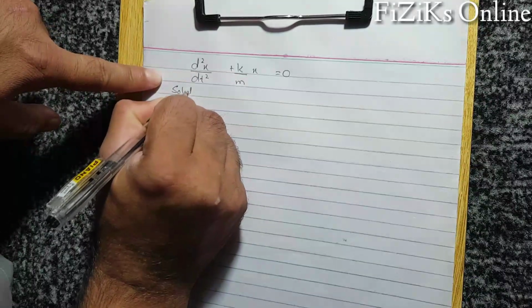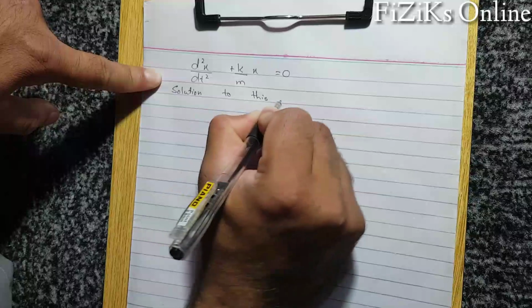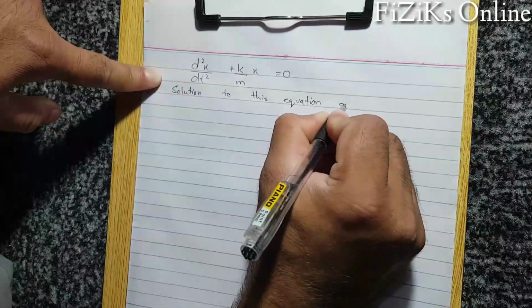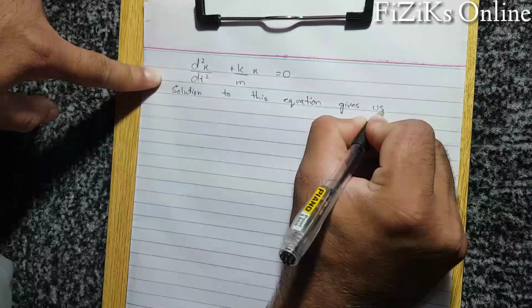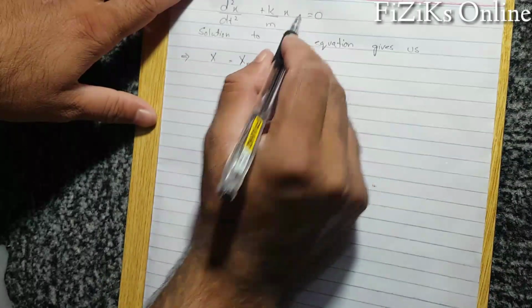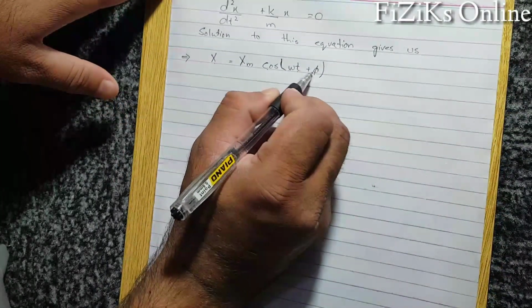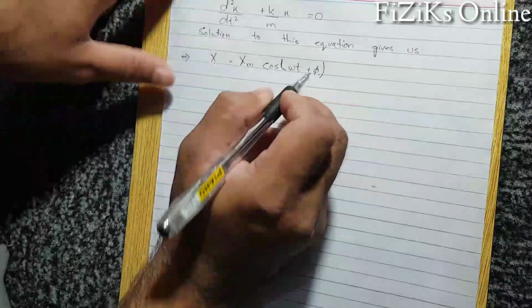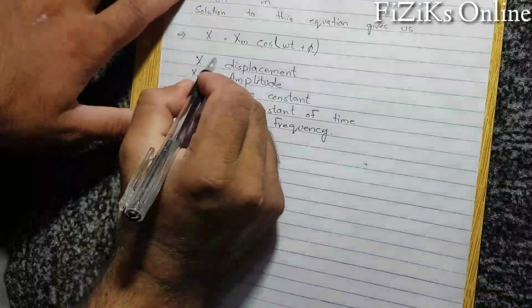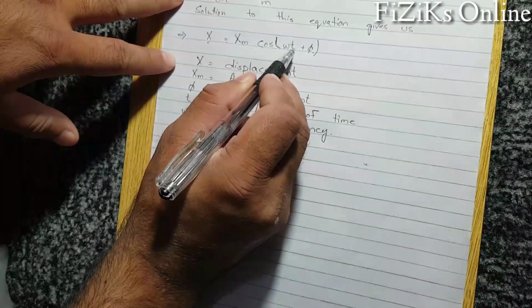The solution to this equation gives us x equals xm cos(omega t plus phi).